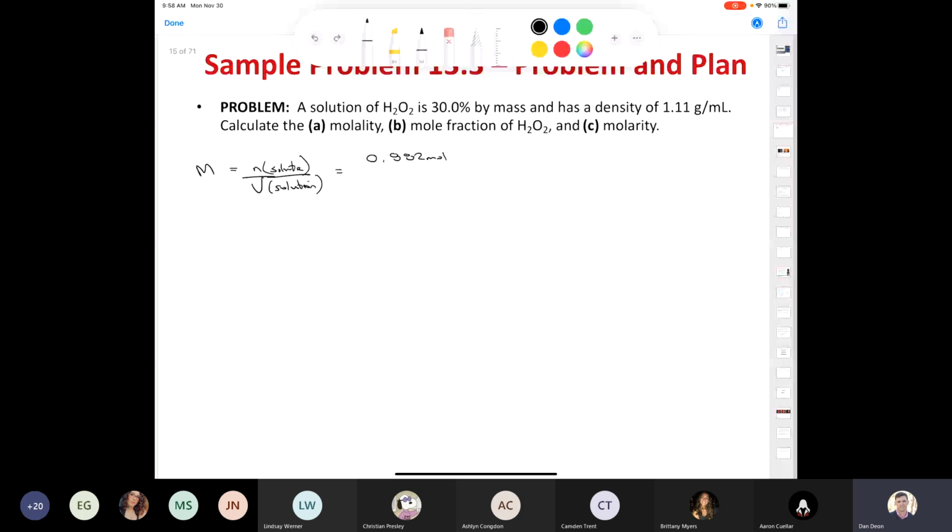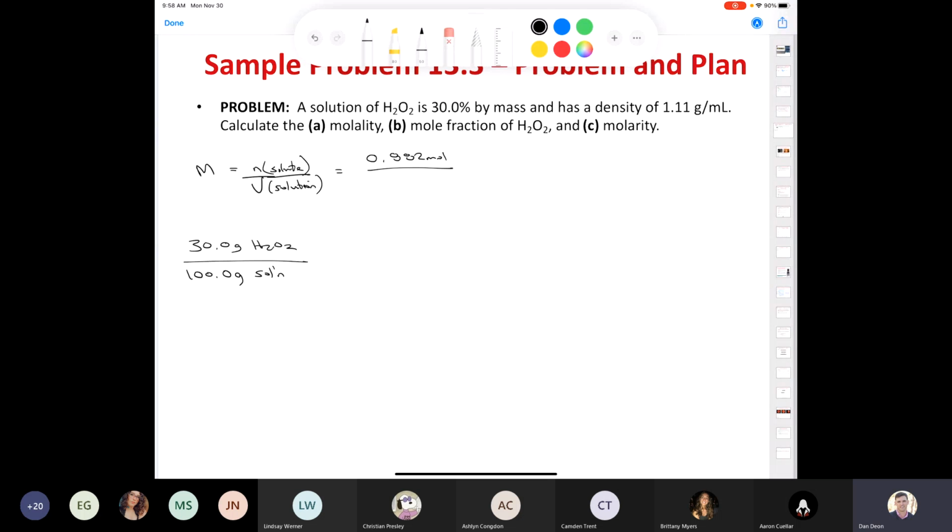No problem. Now, if I want to get the volume of my solution, if it's 30% by mass, remember that we said we had 30.0 grams of H2O2 in 100.0 grams of solution. That was how we expressed mass over mass, percent by mass.